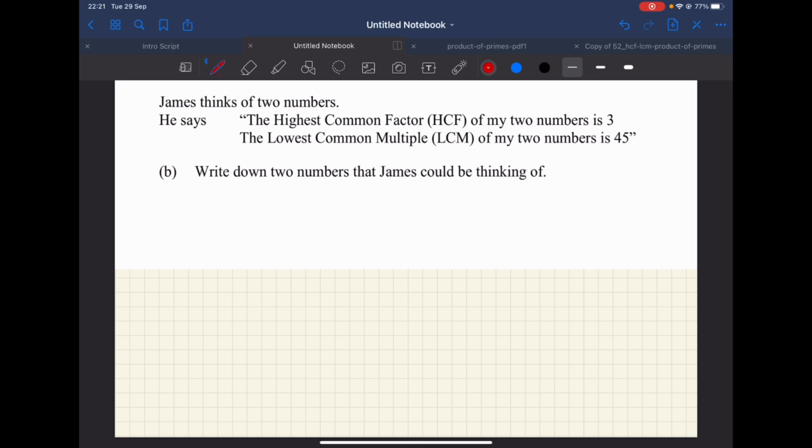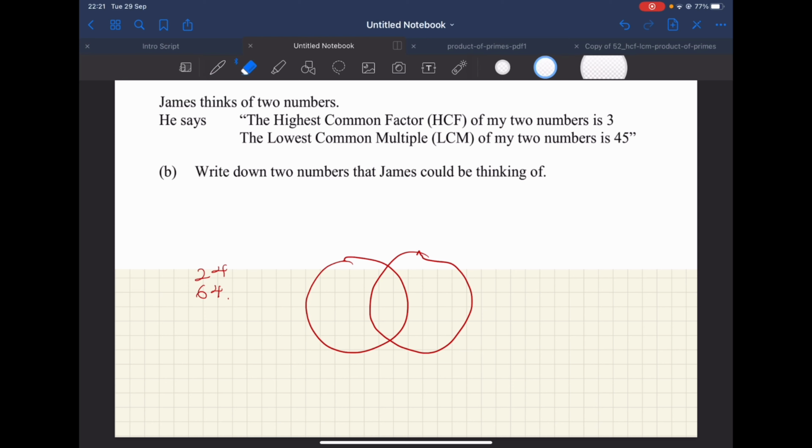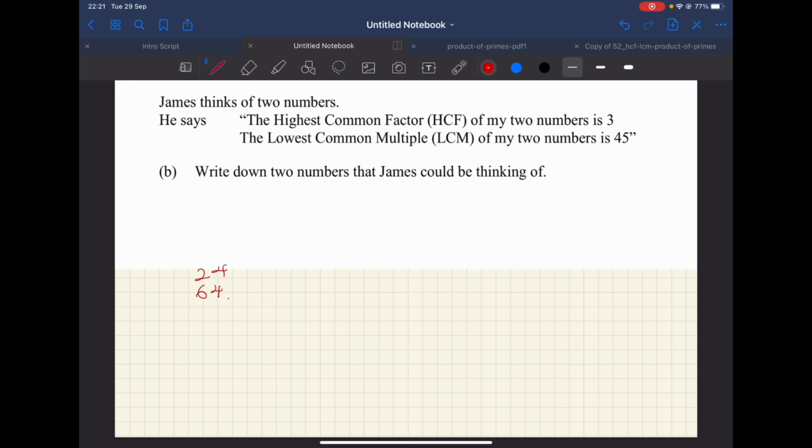All right. So what we did the last time was we took 24 and 64. We drew the Venn diagram. That circle was supposed to change. Don't know what's going on. Let me try that again. All right.